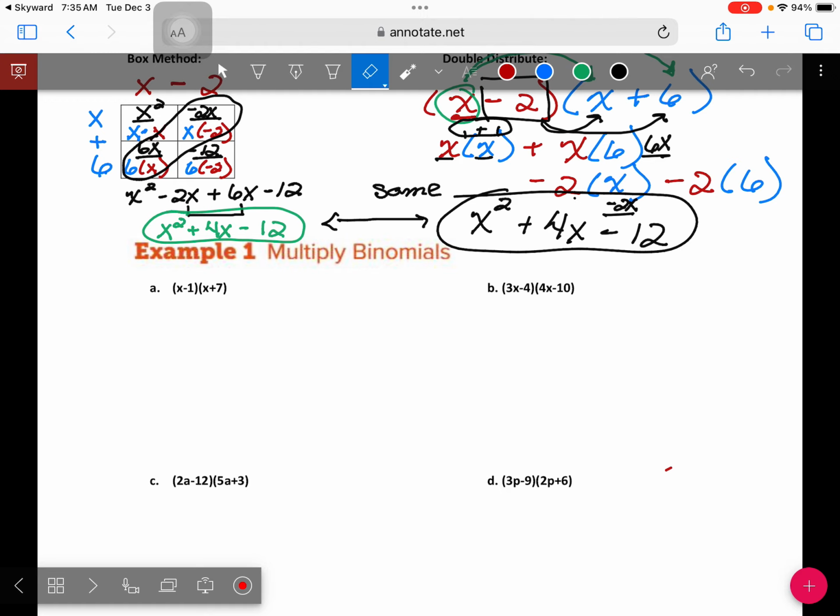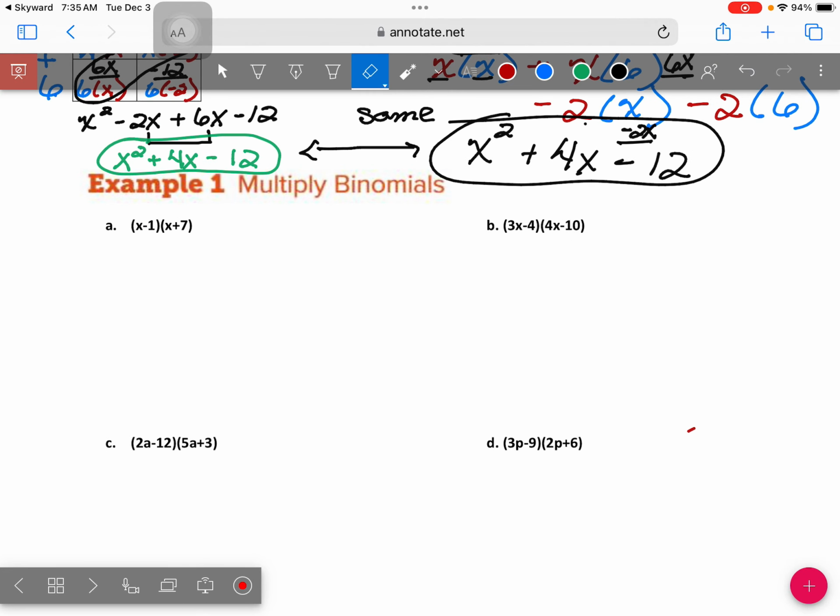All right, let's take a look at example A. First of all, I'm going to do the box method. So in the box method, you literally make a square. And you divide it into 4 equal sections. The very first binomial, this only works for a binomial times a binomial for right now.